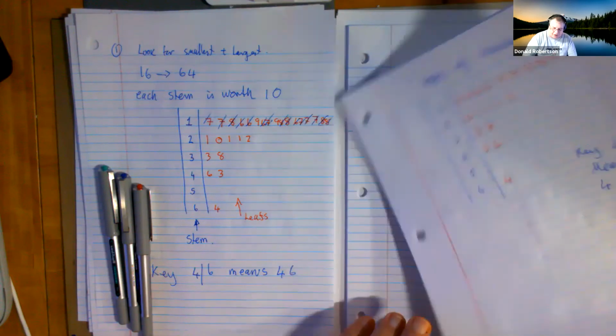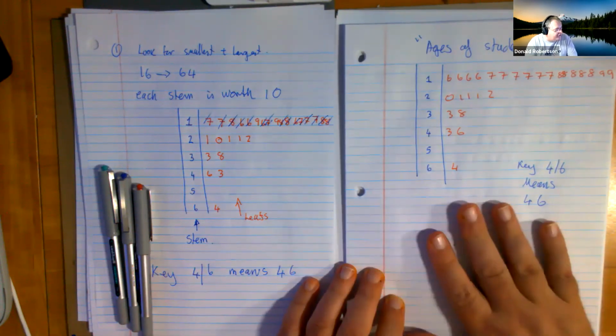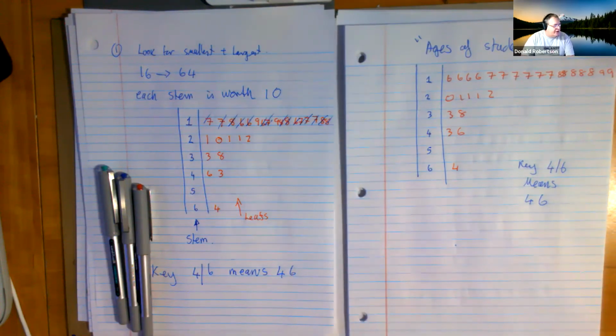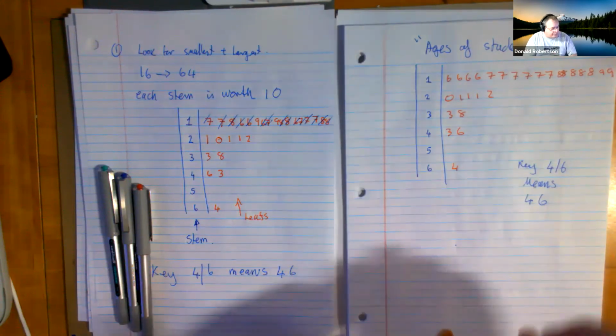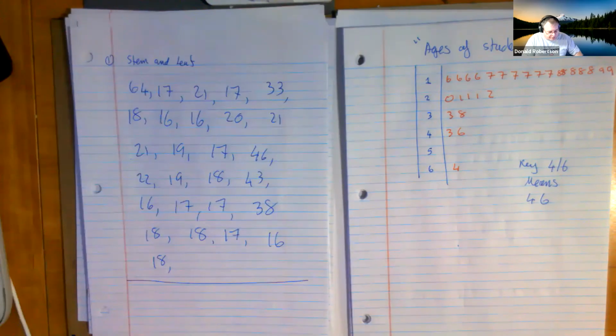Stem and leaf are normally used at the beginning of your data. Can you imagine you were doing a science experiment and you were quickly writing down 30 or 40 temperatures or weights or whatever you were doing? You're just writing them down in your little notebook and you've got this raw data.